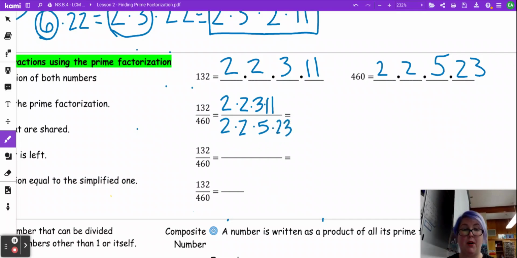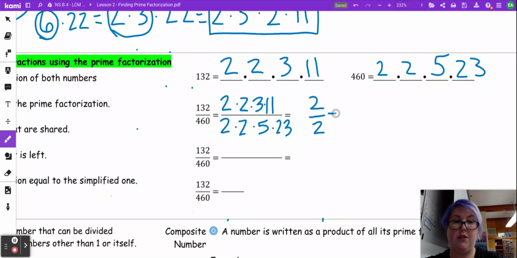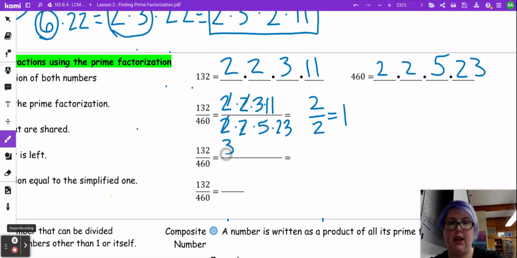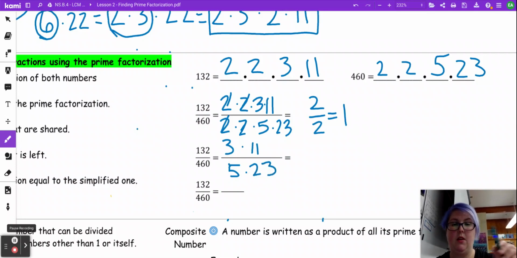Now remember, when we're doing division, we can break all of this out individually. So we know 2 divided by 2 will give you 1. Any number that appears in both the top, the dividend, and the bottom, the divisor, can be crossed out. So we get 3 times 11 and 5 times 23. There are no other numbers that are the same, so when we multiply those two together, we get the simplified fraction.